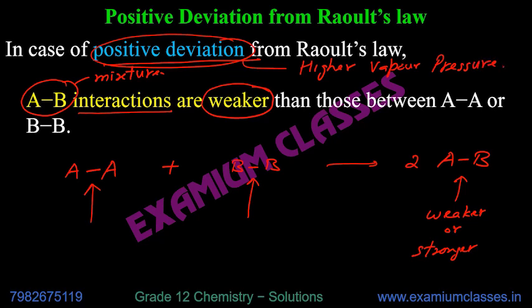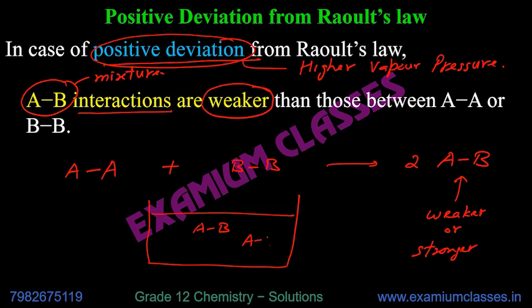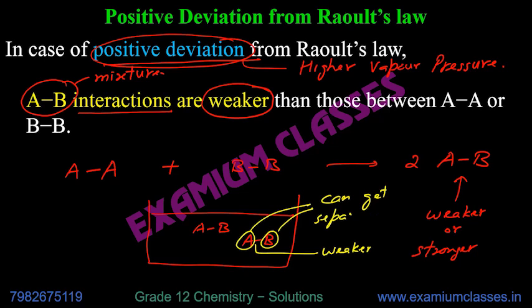It will be because when we mix A and B, if these associations, these interactions, are weaker, it means these two molecules can get separated easily, because the interaction is weaker.